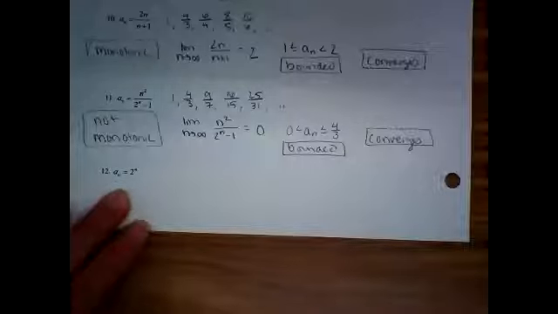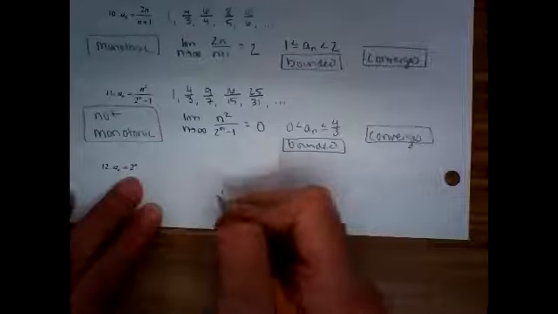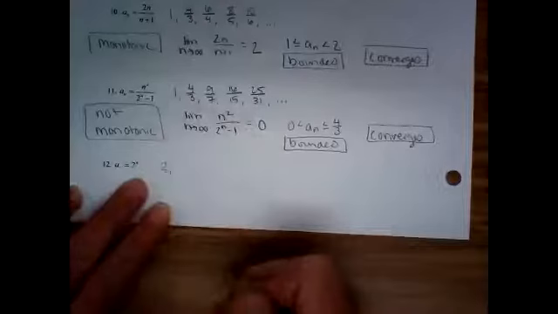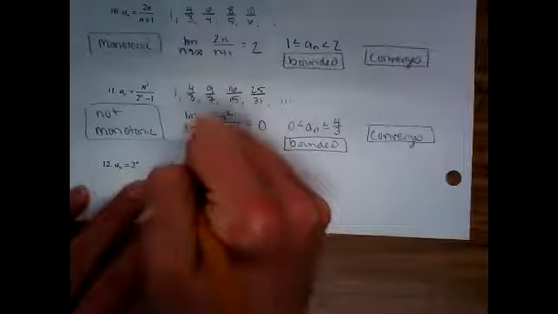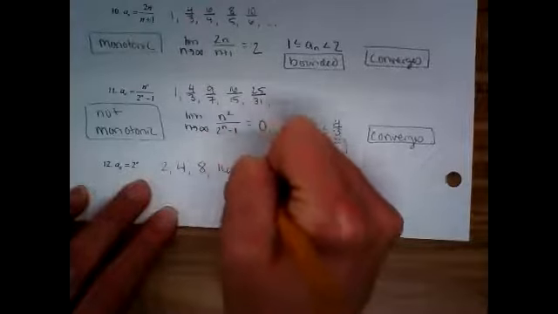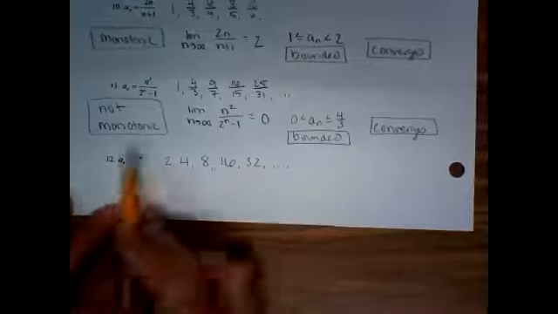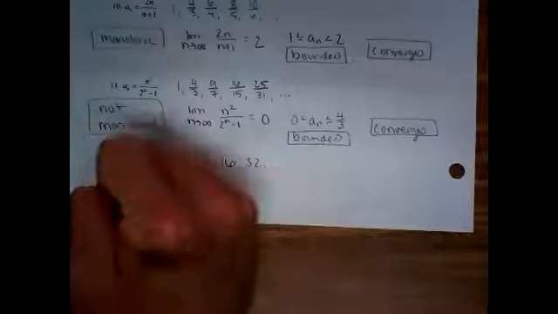And then last one, let's start writing out a little bit of the list. If you plug in 1, what are you going to get? 2. And then if you plug in 2, 4, and then 8, and then 16, and then 32, and so on and so forth. So is that monotonic? Yes. Keeps getting bigger.